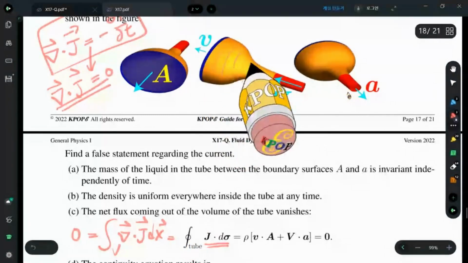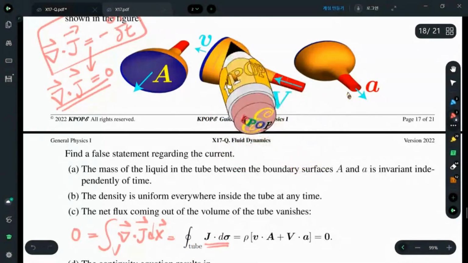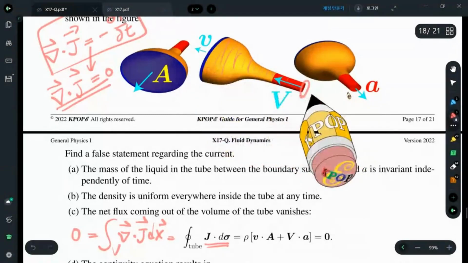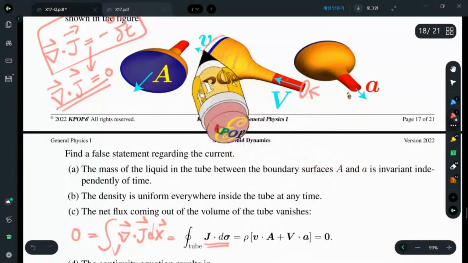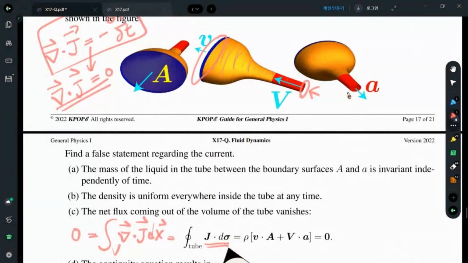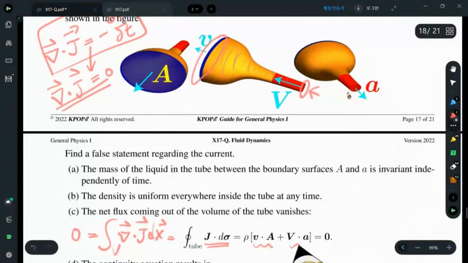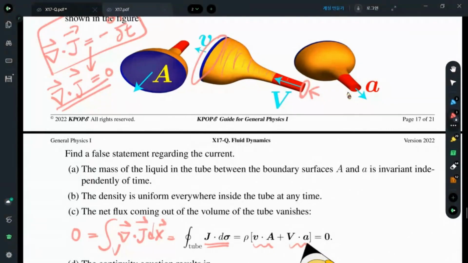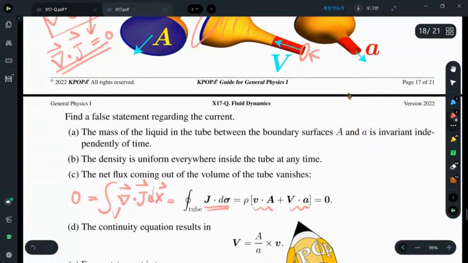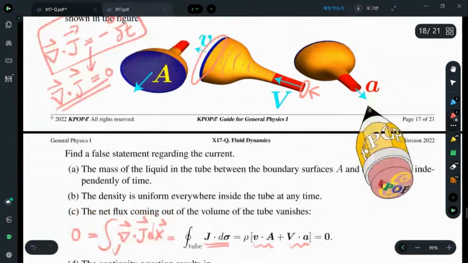Here, there is no mass flow through the tube wall. It is blocked. The only mass flow is through this side and this side. That means this surface integral is over this and this, and they must cancel.